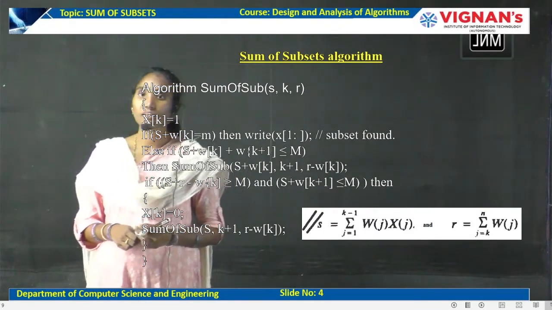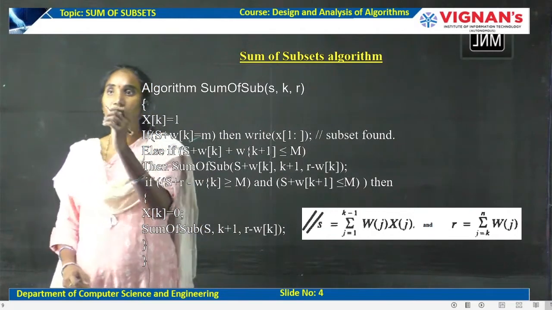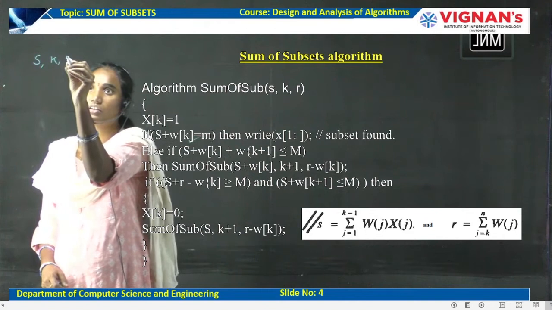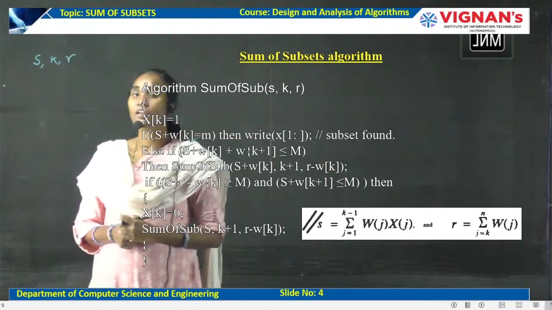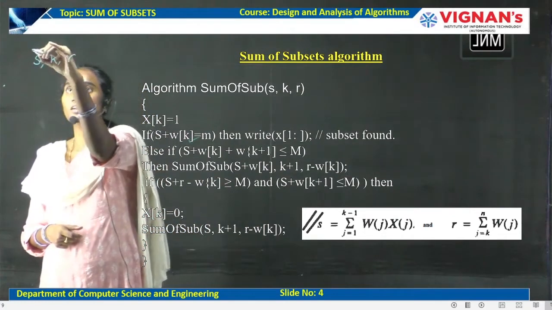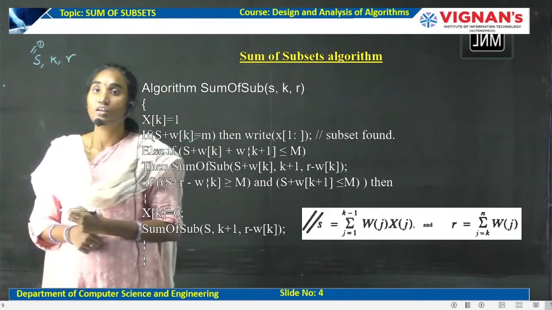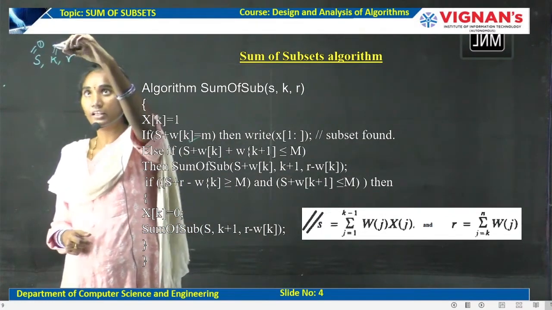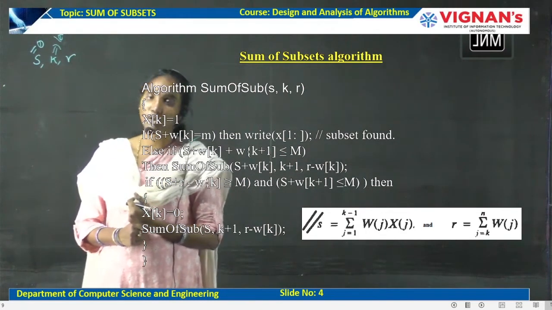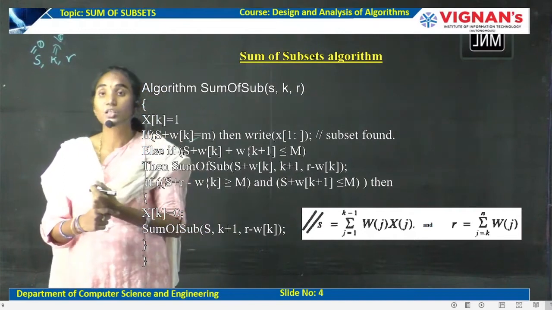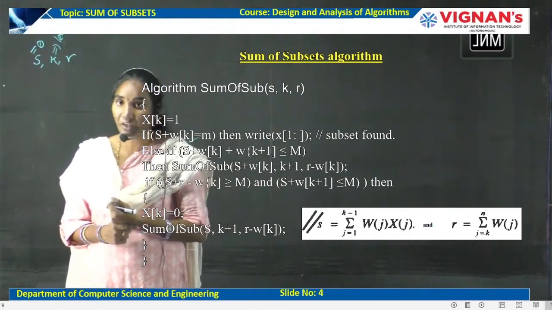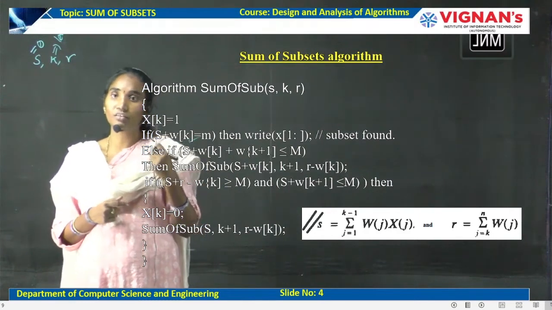Basically this algorithm takes the parameters s, k, r, and here s is a sum, and initially it is initialized with 0, and k is a level, because here we are depicting the solution with the help of a solution state space tree. Now as we are depicting with trees, here I am depicting the level also.